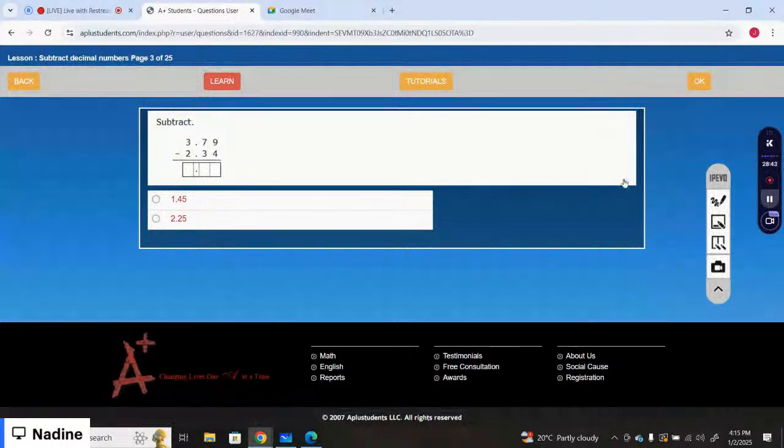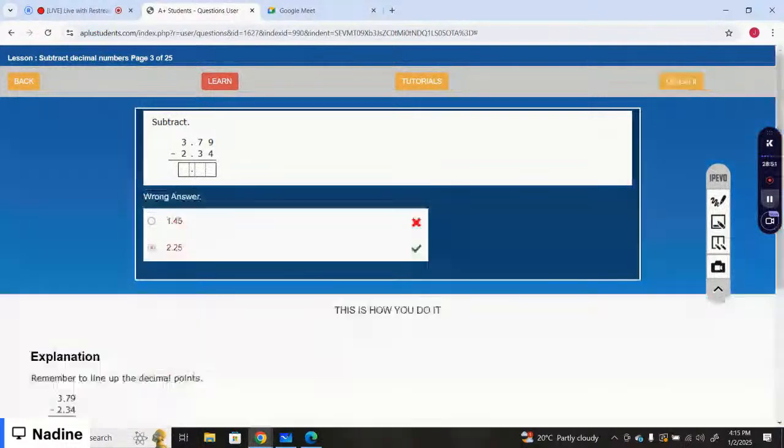Nine take away 4 is 5. 7 take away 3 is 4. That is 1.45. Option number 1 is the correct option.